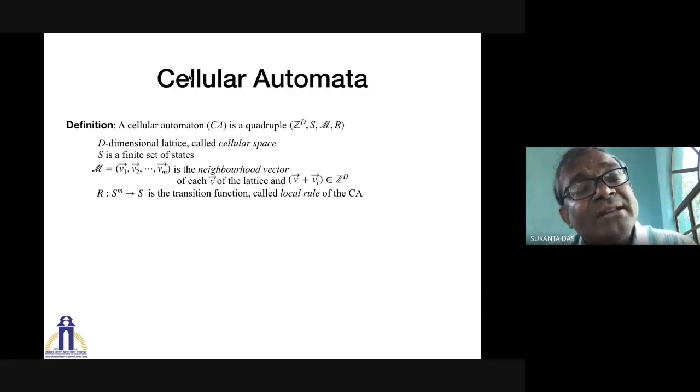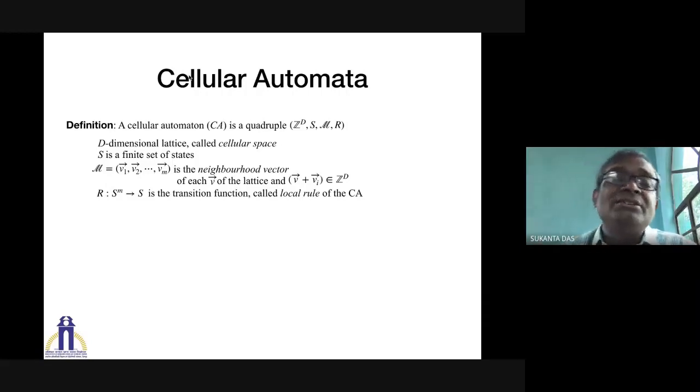So how can I find the neighbors? For any v, when you want to apply this R, you should know the state of its neighbors, right? Because R takes the present state of all its neighbors, and then it goes to the next state. So it's called state transition.